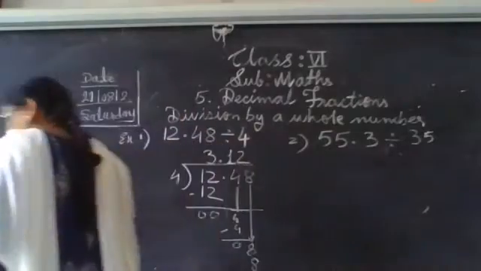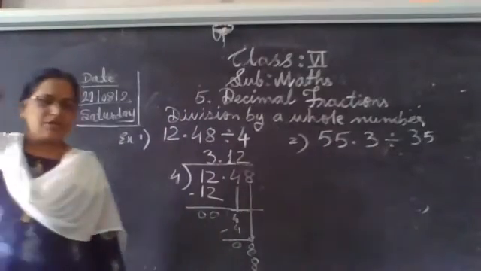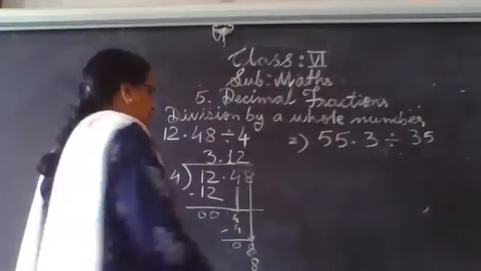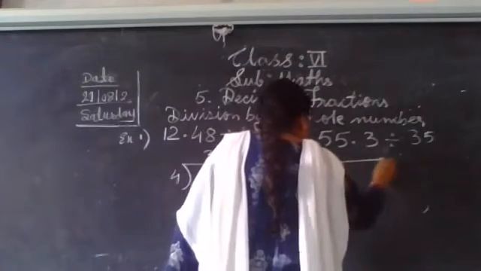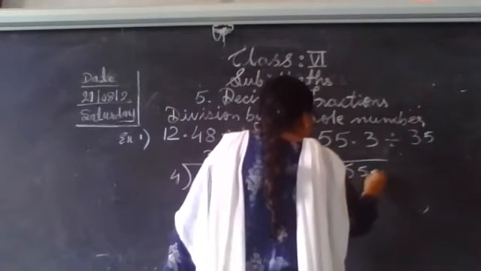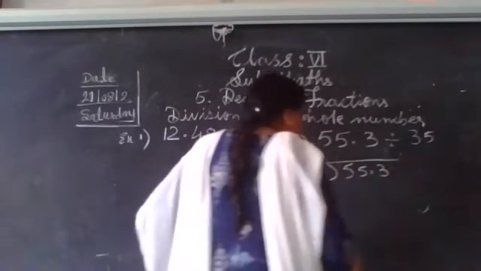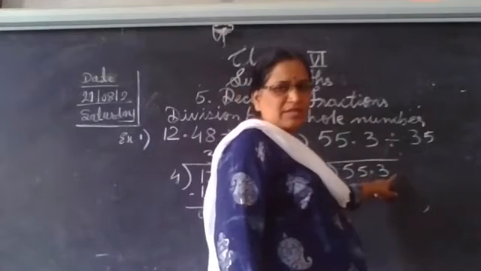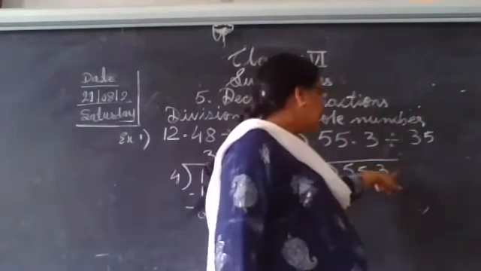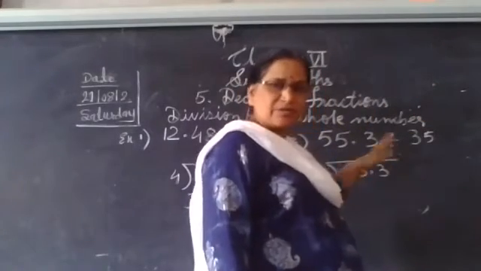Okay. So here, beta, you can put many zeros to the right of the decimal point.